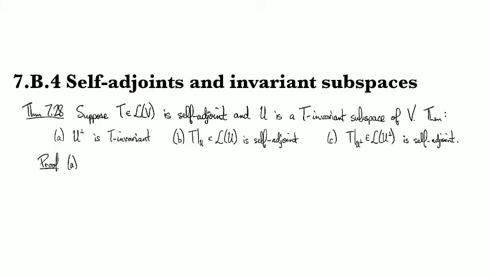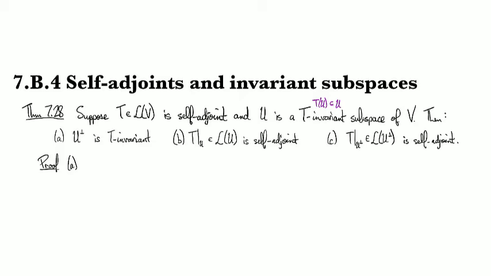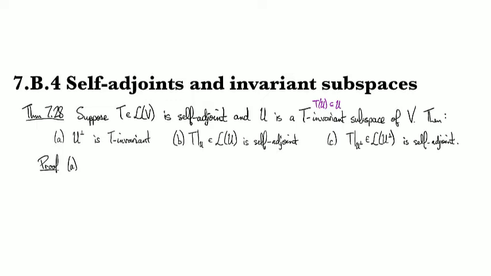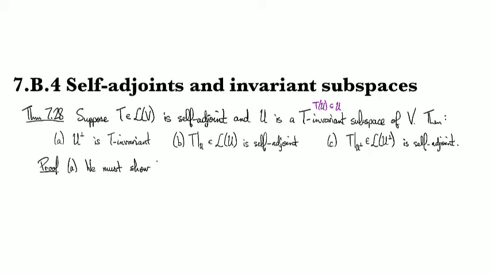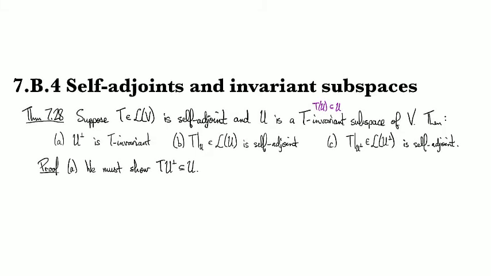To say U is a T invariant subspace of V means that T maps U into U, or in other words, the image or range of T when applied to U is contained in U. So we must show that if we apply T to U perp, it ends up back inside U perp.